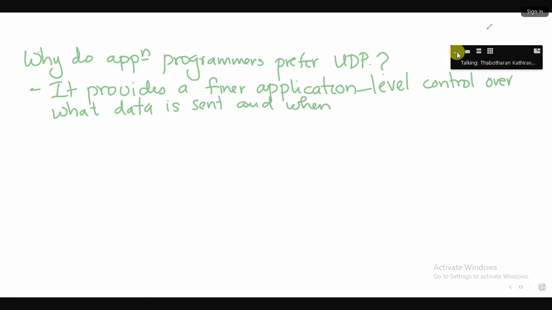You remember when we said the UDP protocol, I said no handshaking.